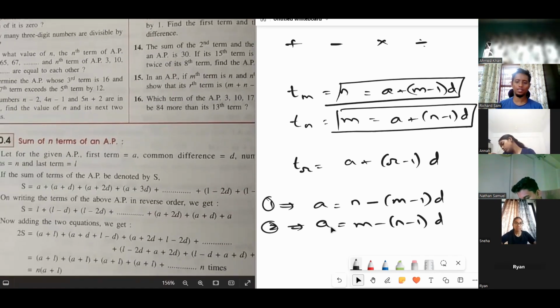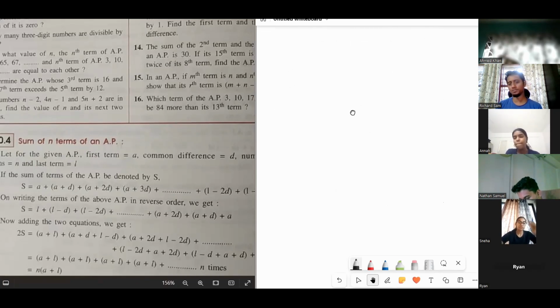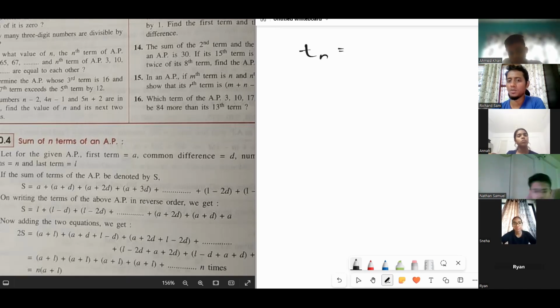All right. In the first two exercises, we had only one formula. I mean, two formulas, but from that one formula only. That one formula was to find Tn. And the formula is what?